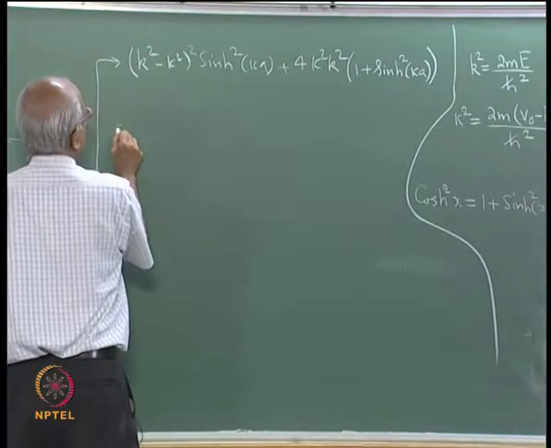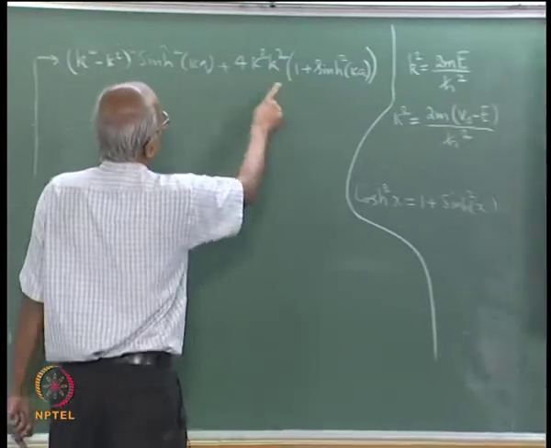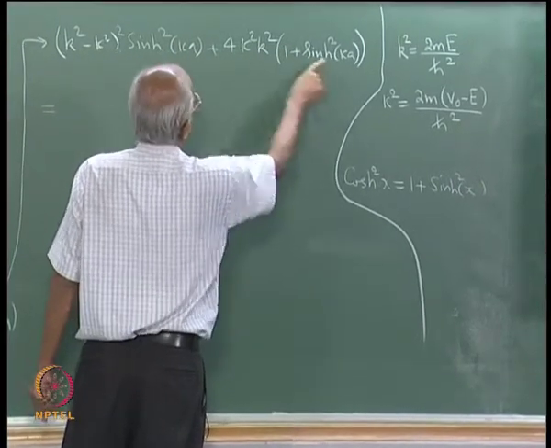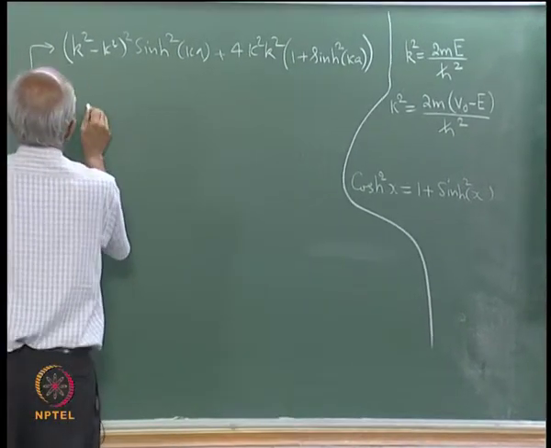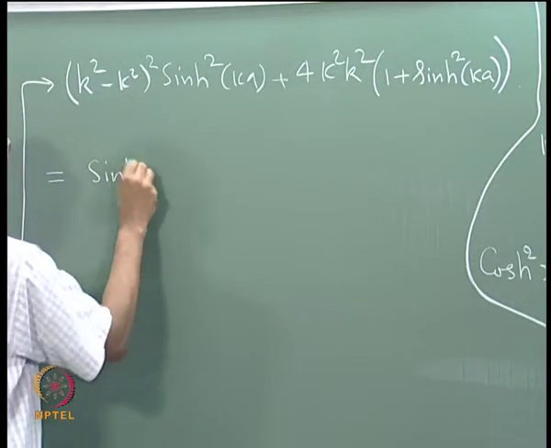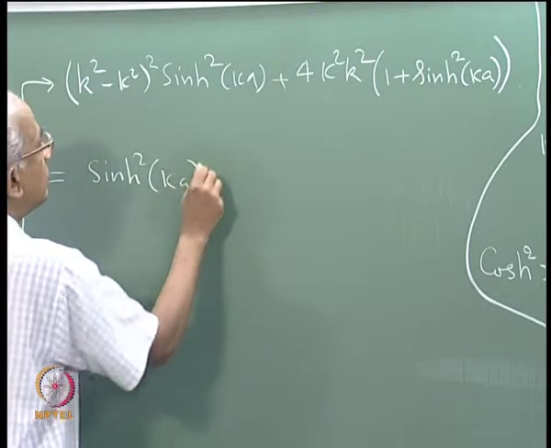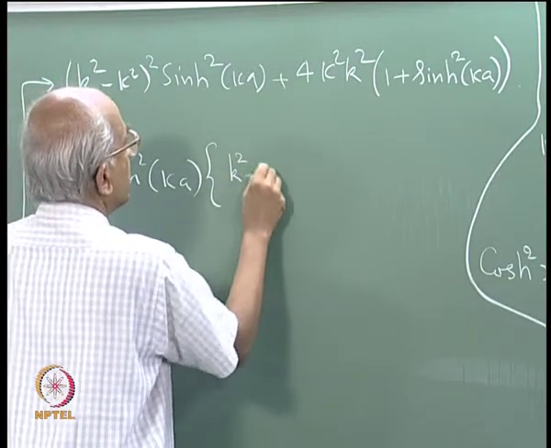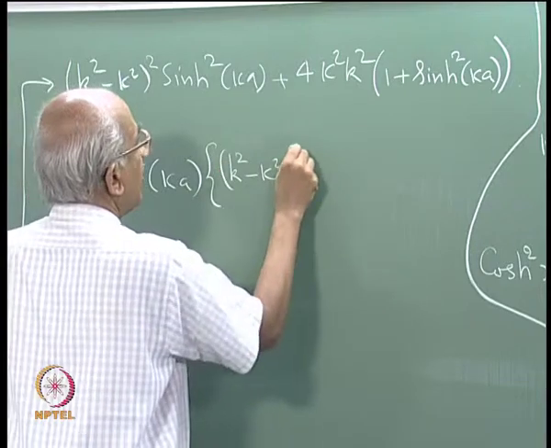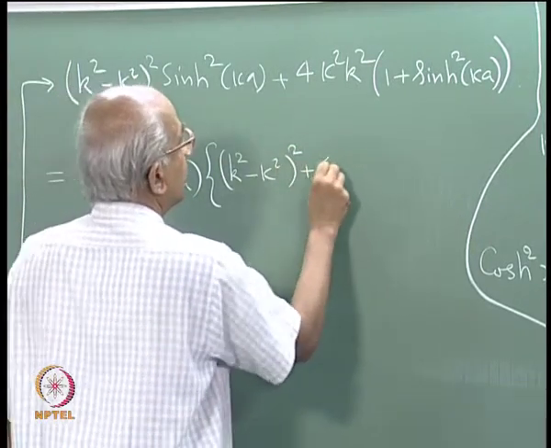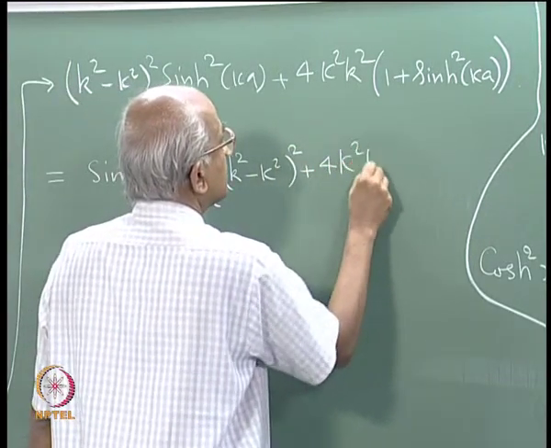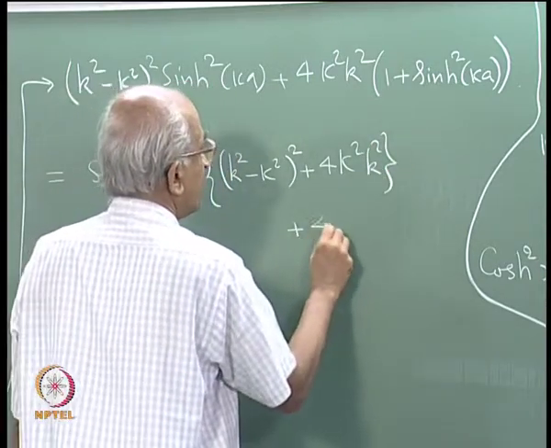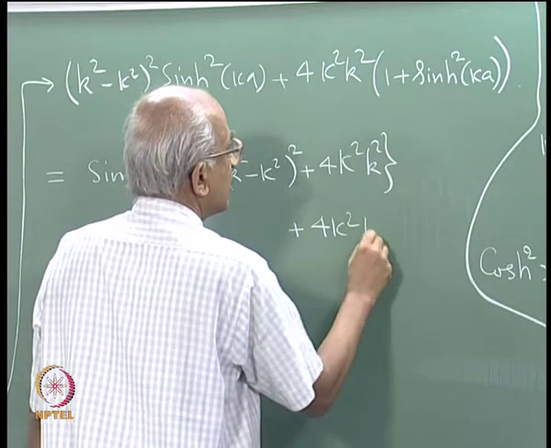And that actually is equal to, you can see that there are terms common in, right, there are terms that contain sinh square. So, I will write this as sinh square kappa A into (k square minus kappa square) the whole square plus 4 kappa square k square, plus 4 kappa square k square.